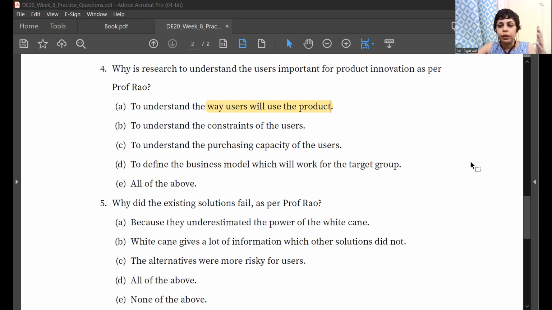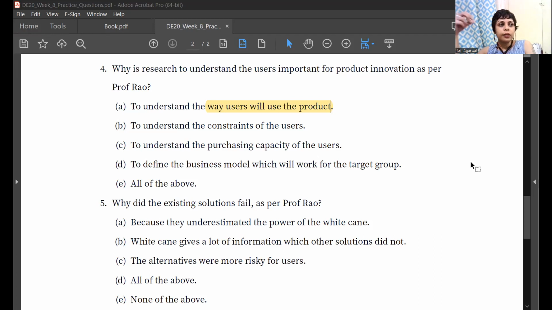I'm just giving a random example. Maybe the cane is not able to take the entire weight of the person properly, right? Maybe there's some shaking or some slippage, or the person is not able to stand in a very stable way, something like that. So this is maybe a small thing which the person is not able to tell you, or may not remember to tell you, but you can learn by just watching people using it, just by watching people going about their daily routine.